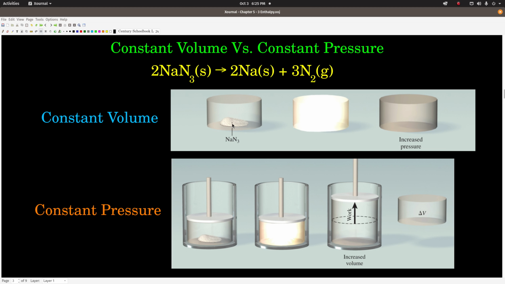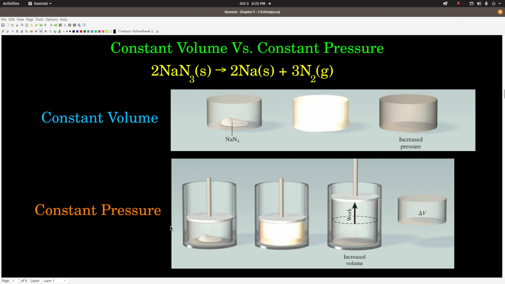And remember, we only talk about PV work at this point, pressure volume work. Because the volume can't change, none of that energy can go into doing work. So that means that all of that energy goes into thermal energy. Its energy is released.